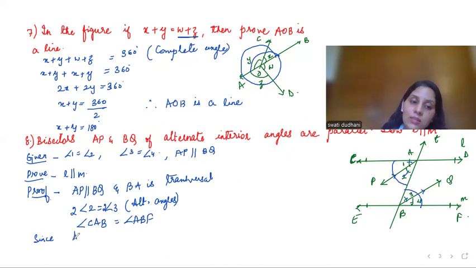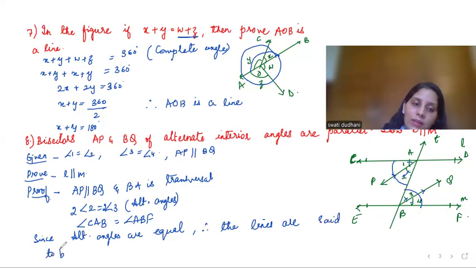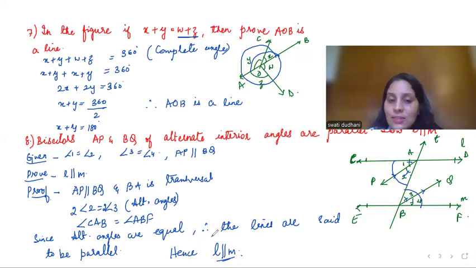So since alternate angles are equal, therefore the lines are said to be parallel. Hence, L is parallel to M. Hence proved. I hope this is clear. So we have proved that alternate angles are equal. So if we prove alternate angles are equal, the lines will definitely be parallel.